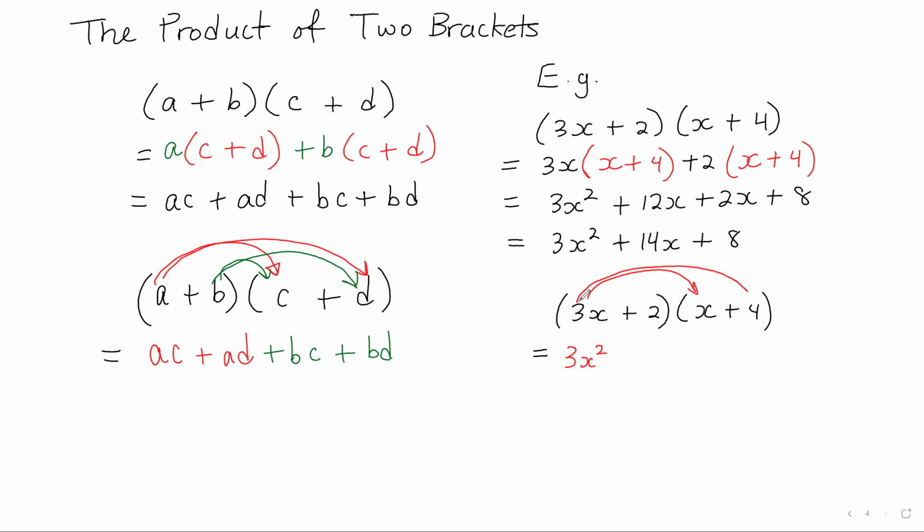And then 3x by 4, which gives me 12x. And then 2 times x, which gives me 2x, and 2 times 4, which gives me 8. Simplifying now, I get 3x squared, 12x plus 2x is 14x, plus 8. So I still get the same answer, right?